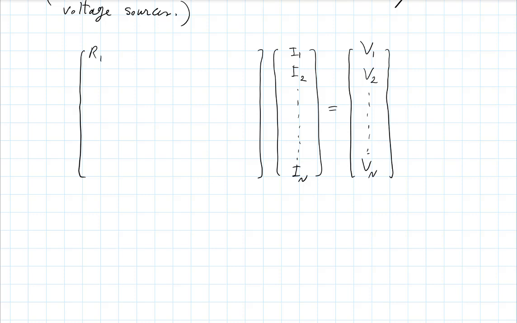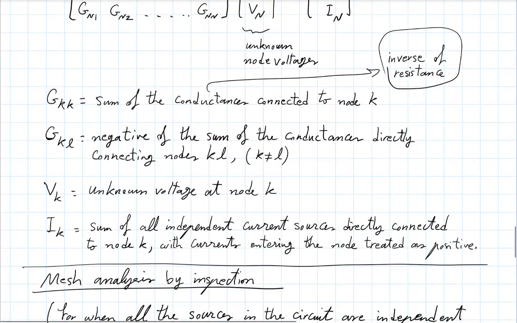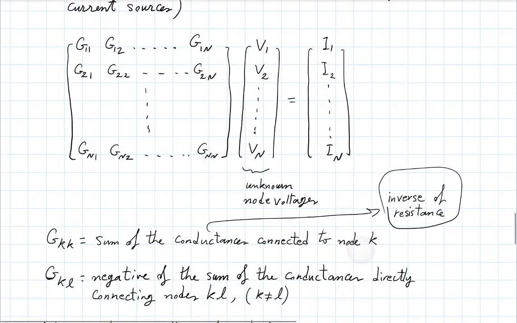And here you have the elements of the matrix: R11, R12, till R1n, R21, R22, R2n, and so on, Rn1, Rn2, Rnn. Okay, so a very similar pattern to what you had there.